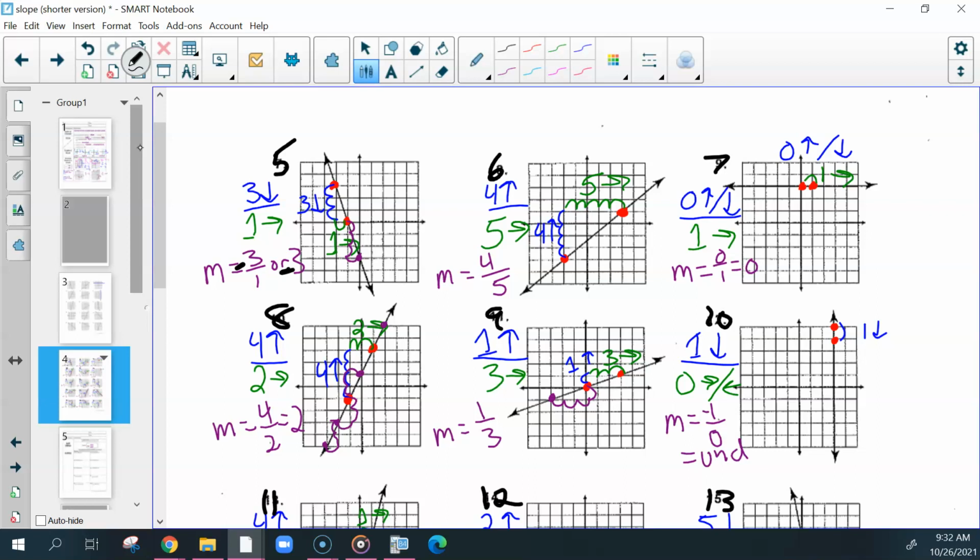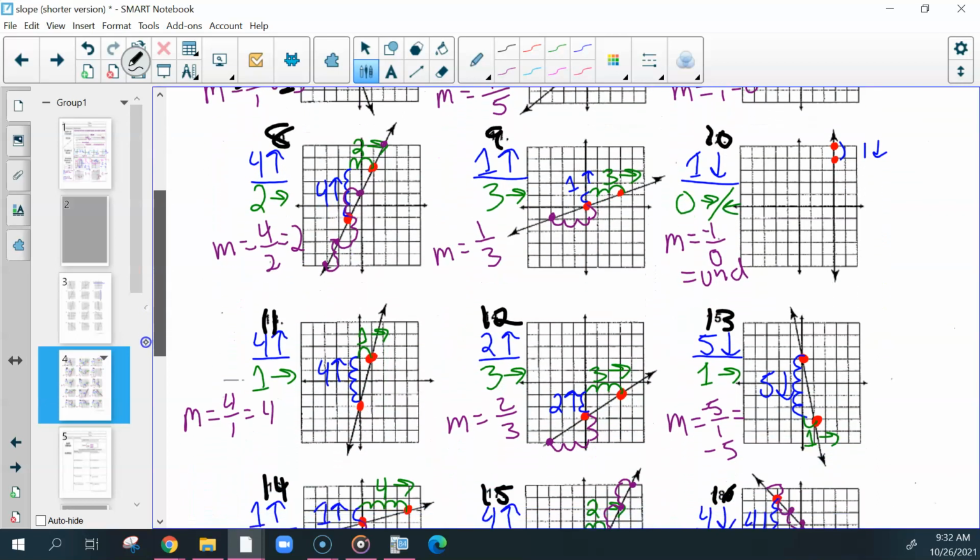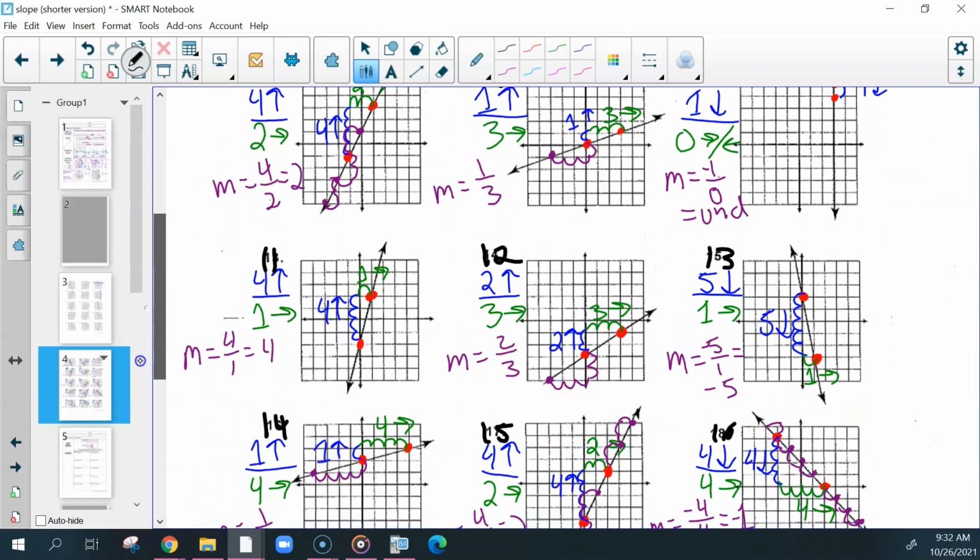Number 10 was undefined. 11 was 4. So any fractions with whole numbers, just simplify that to the whole number. 12 was 2/3. No decimals, right?